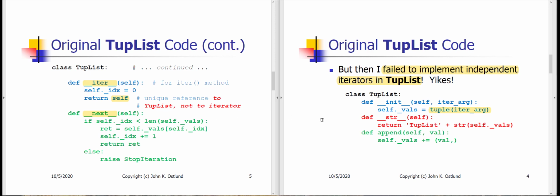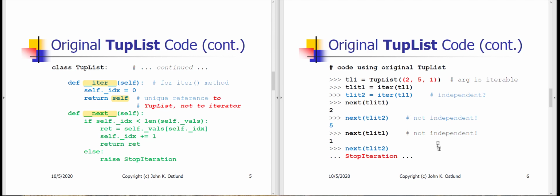And so if I had done a demonstration of trying to use independent iterators for this implementation of the TupList class, it would have failed quite obviously and immediately. All right, so here I'm creating an iter for this TupList TL1, and this is TL iterator 1, and I'm creating another iter for the same TupList, TL iterator 2, and the question is, are these guys independent of each other?